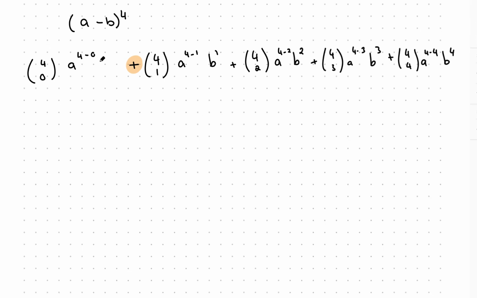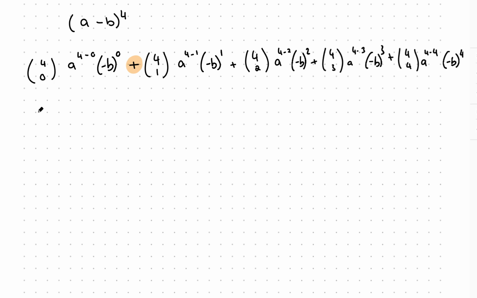So I'm going to have minus b to the power of 0, then minus b to the 1, minus b squared, minus b cubed, and then minus b to the 4. And then it's the same process. You're going to do the same thing.